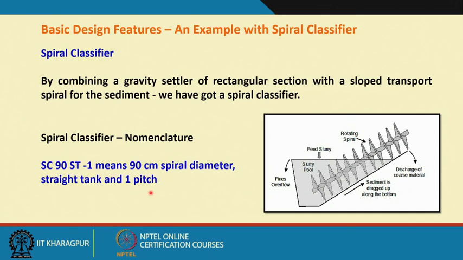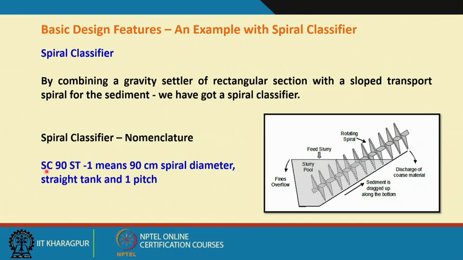It means that 90 centimeter is the spiral diameter, and ST is the straight tank. I have another slide where I will show you the geometry of this pool, whether you have a straight tank or something else. And the 1 means one pitch.